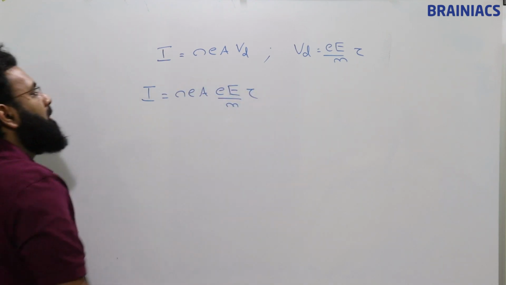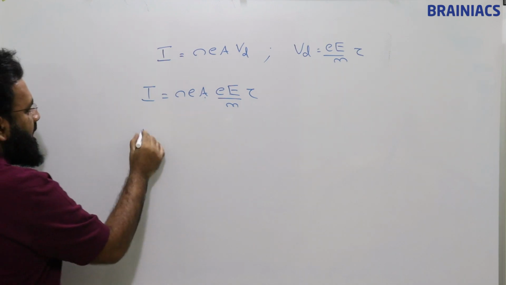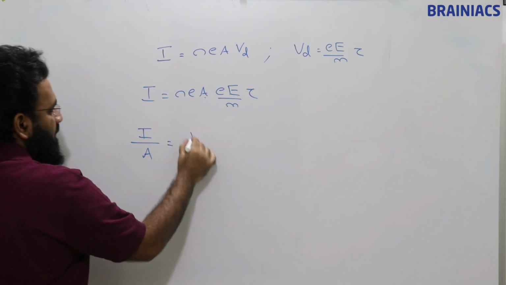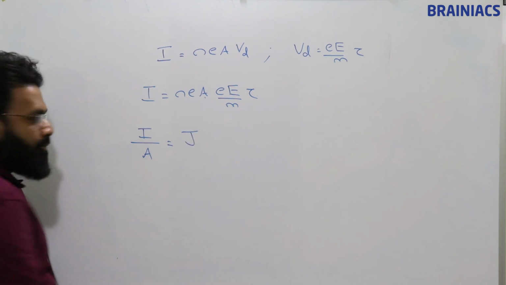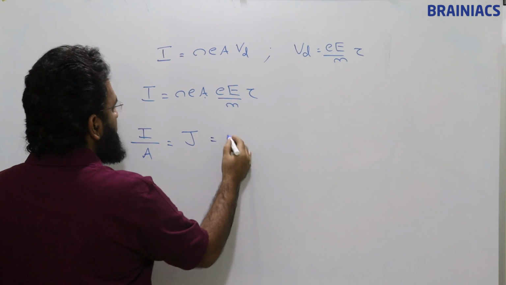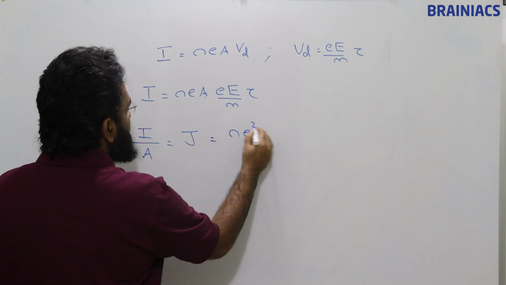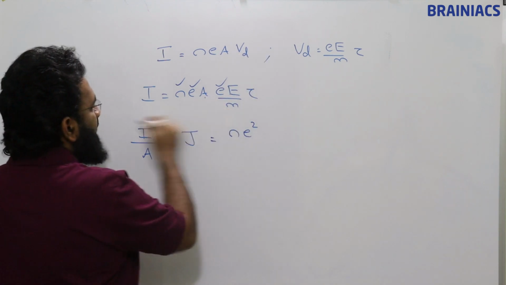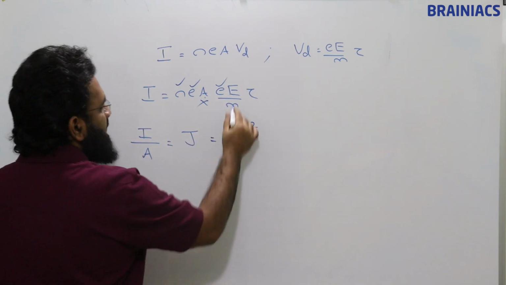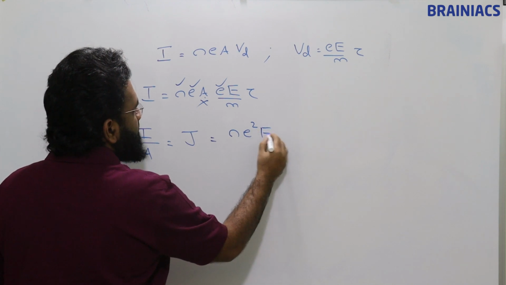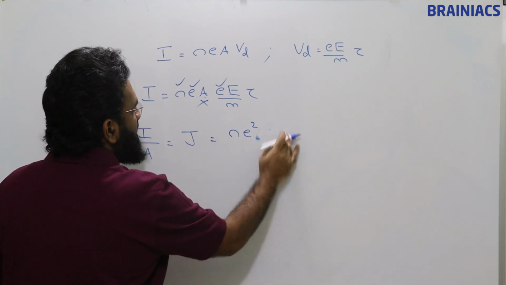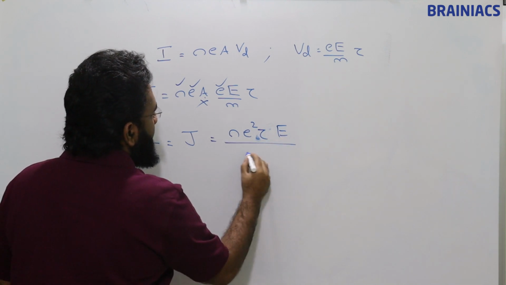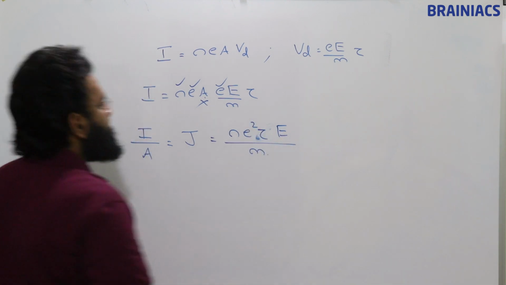Bringing this A here, I by A is nothing but current density J. Current density J is equal to ne squared, A has gone here, then instead of E we'll put τ, then E divided by m.